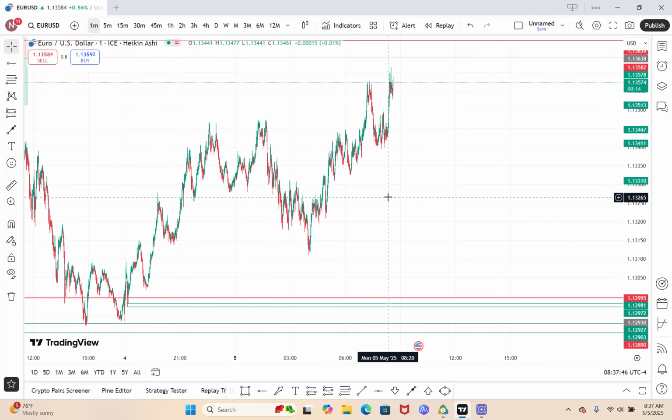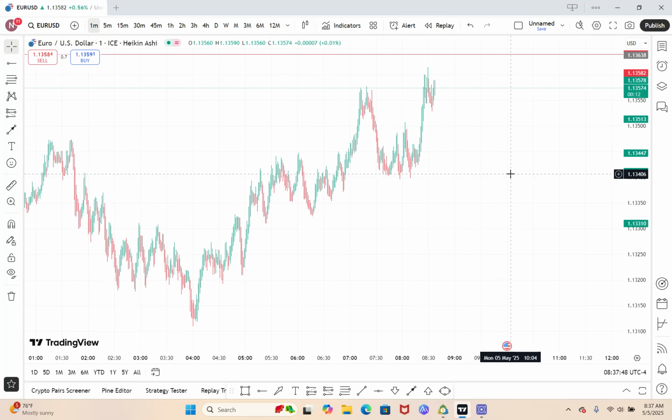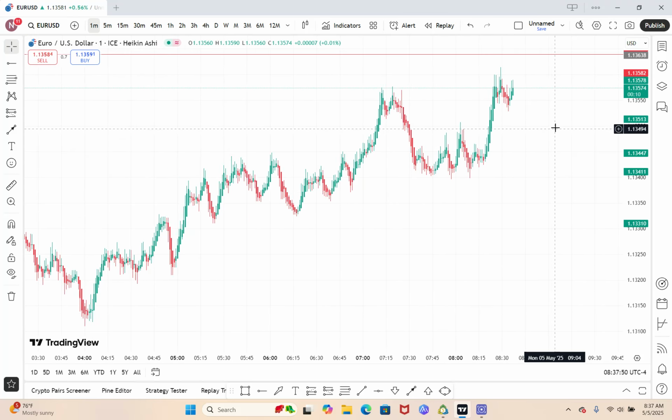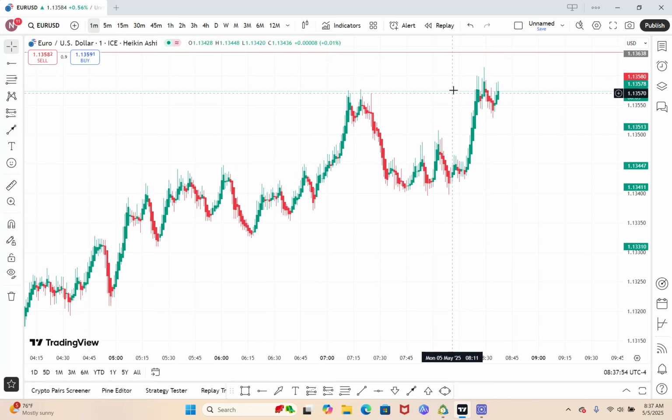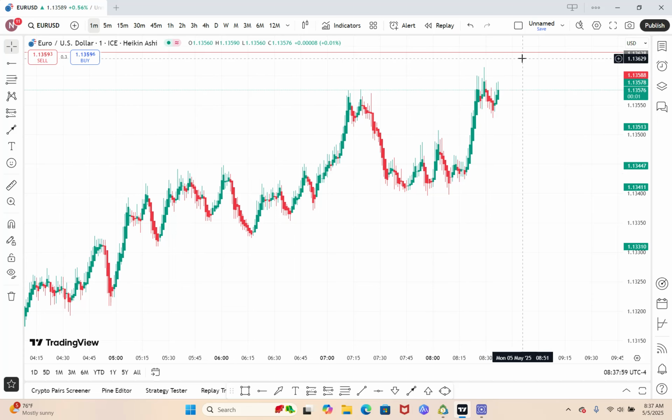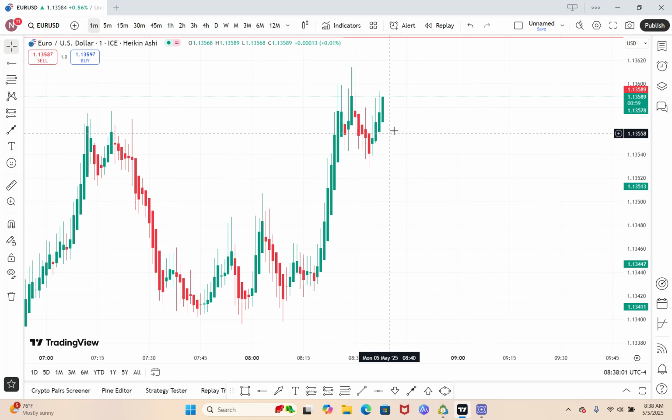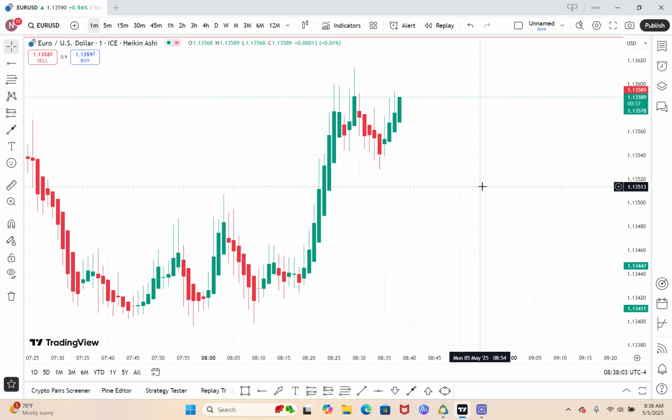So if this area is going to work, we're going to have profitability from here to maybe here if the market is going to go higher, or here.